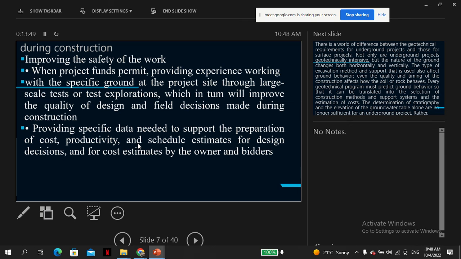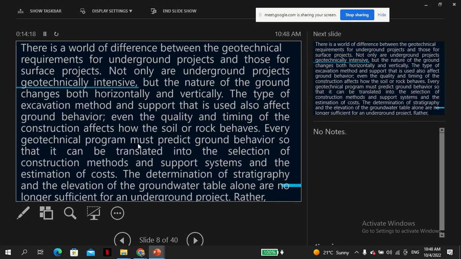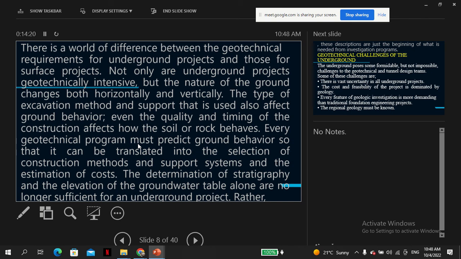So when you do the site investigation, you have data to back up your position. If you say, for example, the excavation will be this much, the excavation is in hard ground, in soft ground, because you have done the investigation, you have the primary data to support your position.